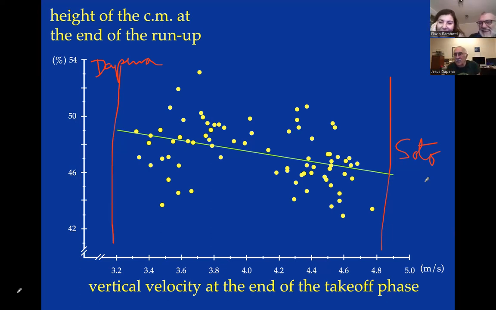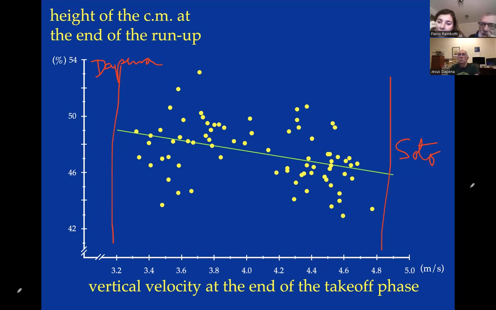Let's say that's true. And so now this athlete is a new athlete, and he or she does not think of being low, just runs normally and just takes off and makes a jump. And he comes in at maybe 57% of standing height, which is very, very high.